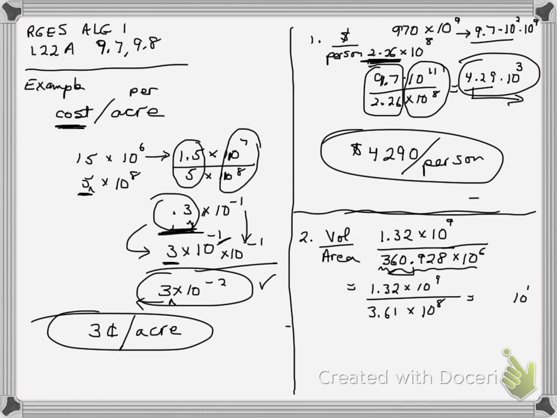Let me go grab a calculator. So doing this division, the answer would be 0.366 times 10 to the first, but I don't want to leave it in that form. I want to convert that over to 3.66 times 10 to the minus 1 times 10 to the 1.